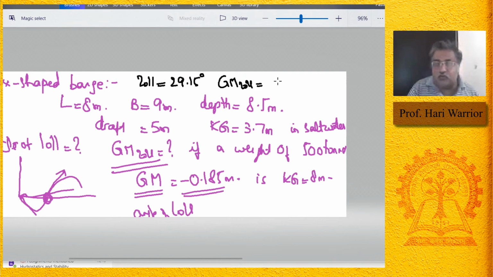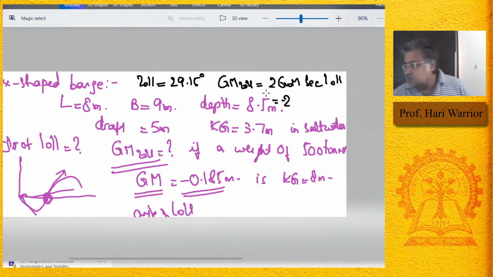And then the question is, how will you find the GM at loll? GM loll is equal to minus 2 GoM sec theta, sec of the loll angle. So this is just substituting it there. Let me go back. Is it minus 2 GoM sec of the angle of loll, or did I write it wrongly?